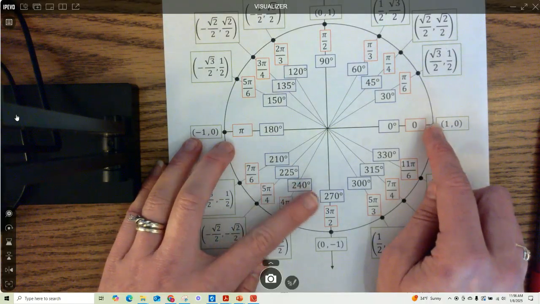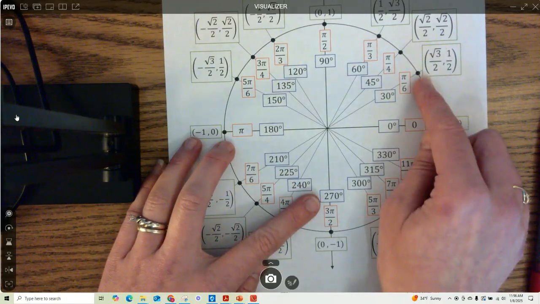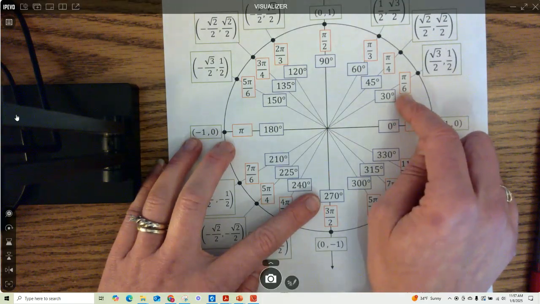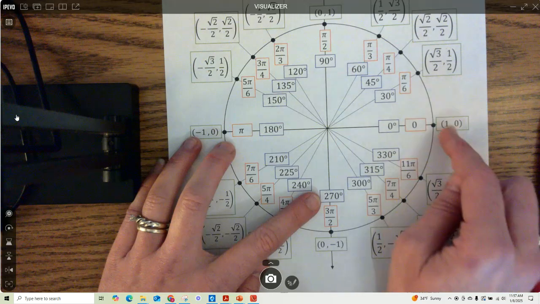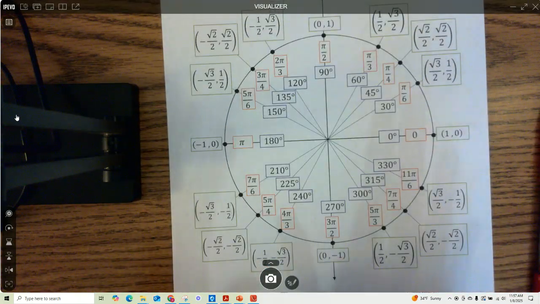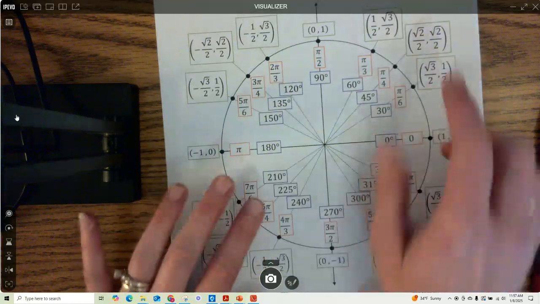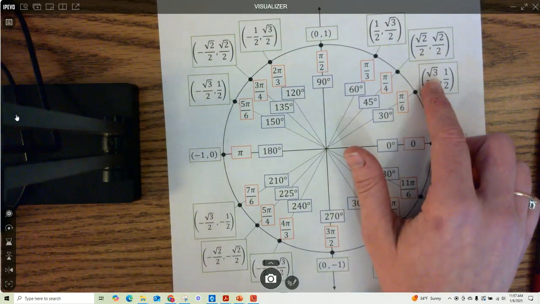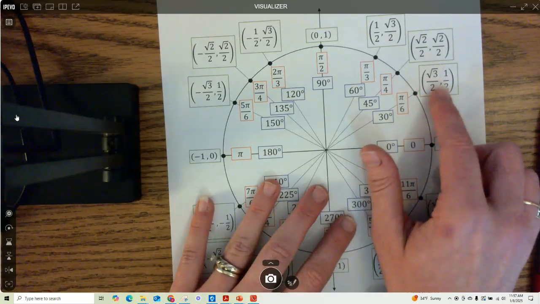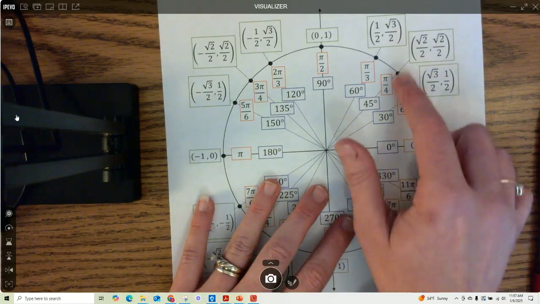So if I travel this far along the circle, the distance I've traveled is pi over 6. Hopefully, again, I know it's really confusing. There's a lot of weird, crazy numbers on here. We don't do much of that this year. These are the ordered pairs where each of these points would be.